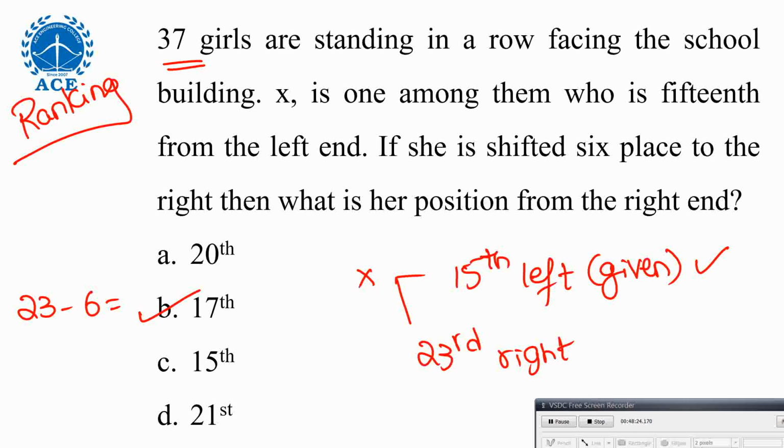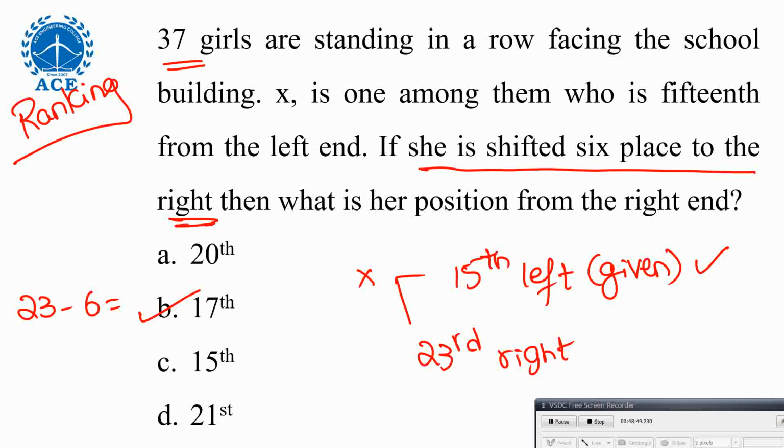If the question asks which position X is from the right side, it's 23rd, but they added one extra point. She is shifted 6 places to the right. When I'm going to the right, I'm near to the right end, meaning my position from the right should decrease. Right now I'm 23rd. I'm going 6 places to the right, meaning I'm close to the right end, so that value should decrease: 23 minus 6.